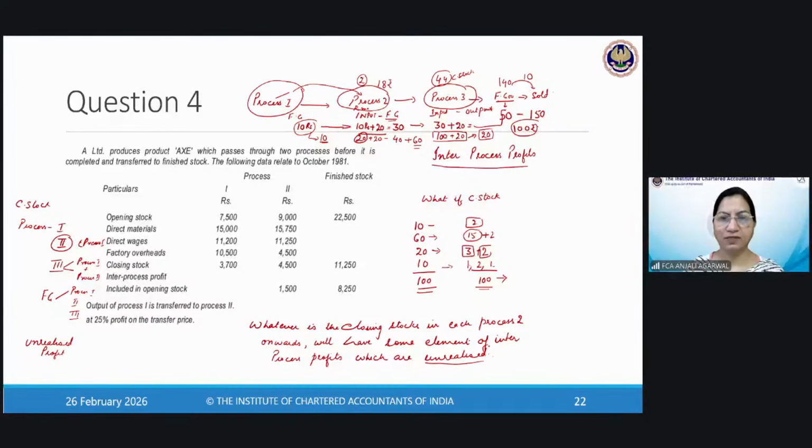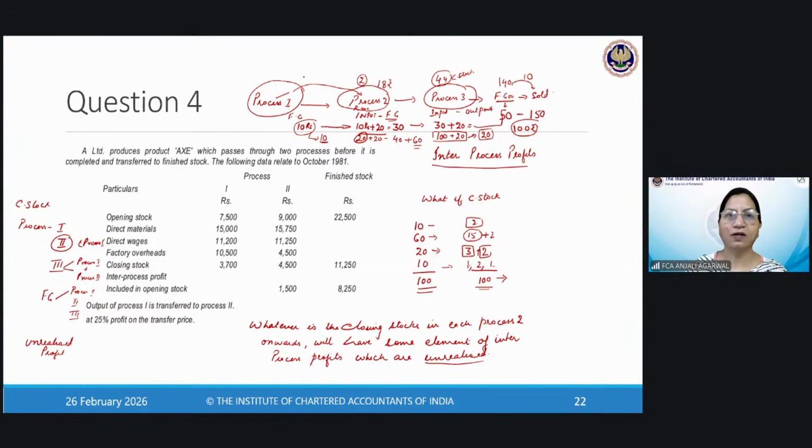Now this looks maybe a little complicated. There is a cycle, how we will calculate if there is closing stock with finished goods. We have to calculate the inter-process profits of process 3 which are blocked in this. Therefore, the inter-process profits of process 2, which is blocked with finished goods. Therefore, the inter-process profits of process 1.